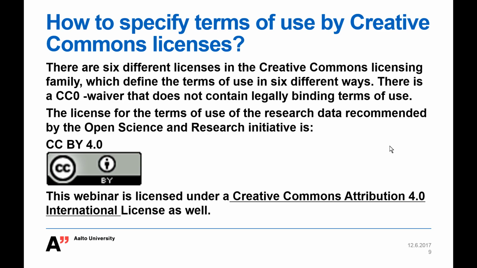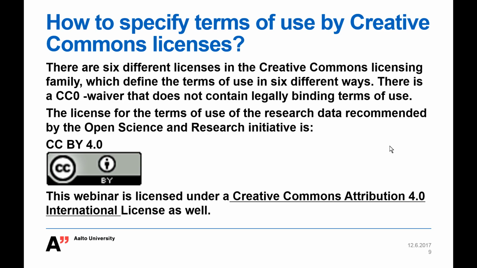And all the license texts are equally valid in every language. The licenses have legally binding terms. In CC BY, the term is attribution, so you have to attribute the source and the authors of the research data.